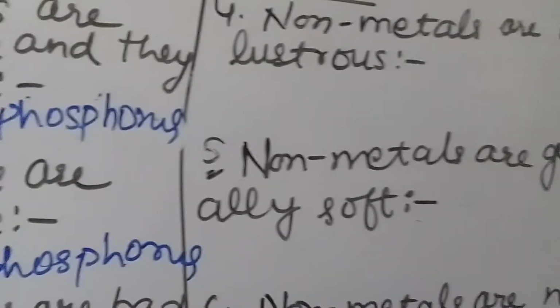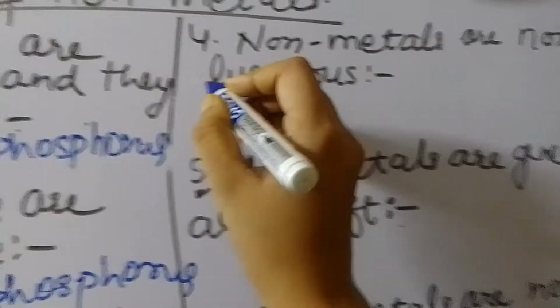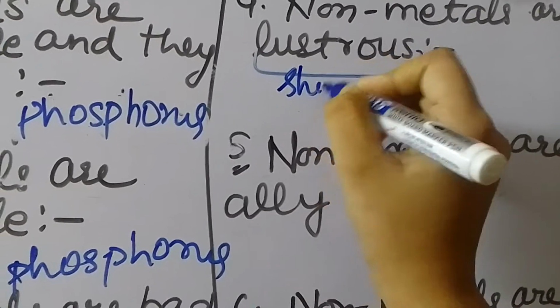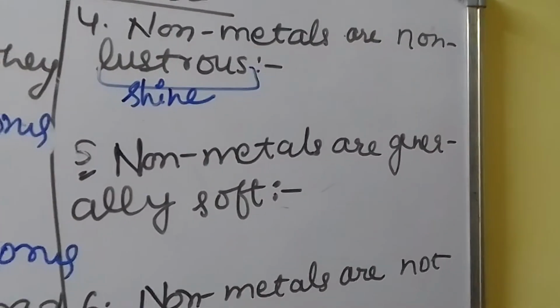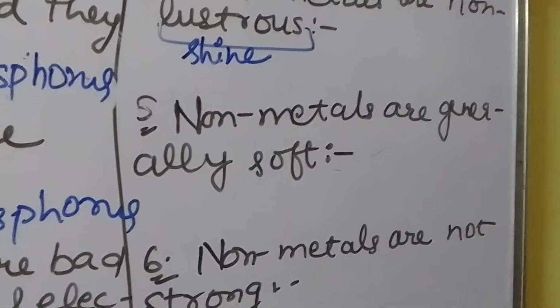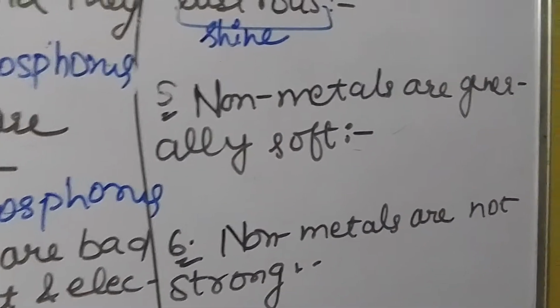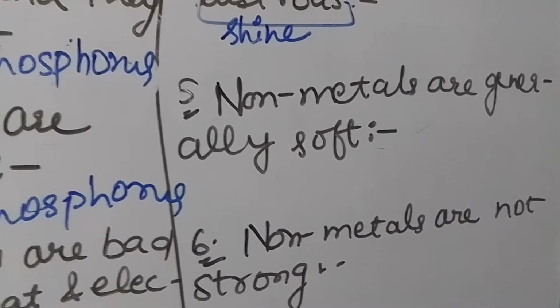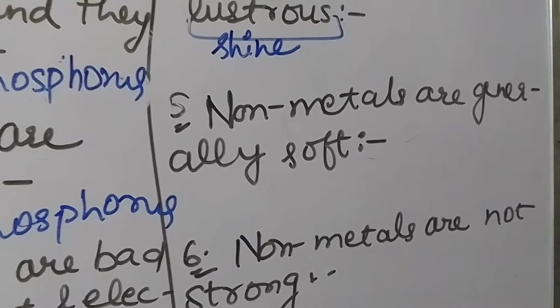So let's talk about another property: non-metals are non-lustrous. What is the meaning of lustrous? Lustrous means shine. Non-metals do not have a shining surface, like sulfur and phosphorus.